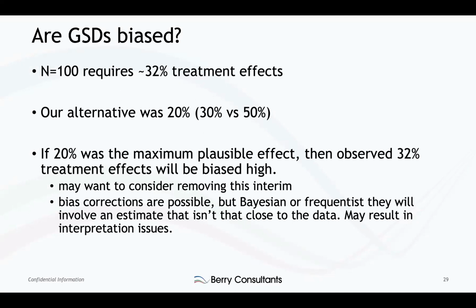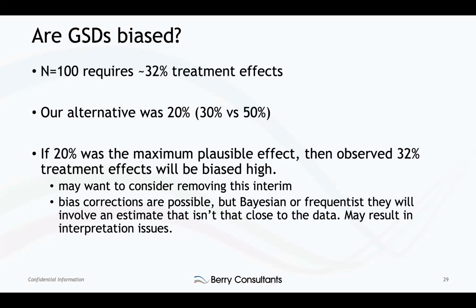I don't think it actually can happen. And so, if I do this, I'm expecting that 32% would be biased. In that case, you may want to consider removing that interim and doing things later. I don't want to publish a paper where I have a point estimate that no one's going to believe. I want to change practice.